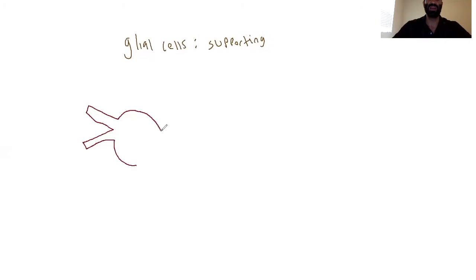In fact, interneurons in the brain, some of them have thousands of synapses, thousands of connections. So this is just our basic neuron model. It's kind of like how the cell in the textbook is just a basic cell. It's a template. All right, so this is our neuron.